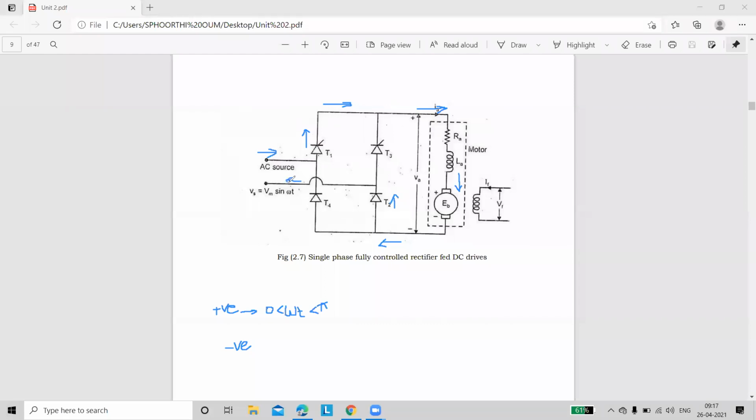Is it right or not? See the current flowing path carefully.